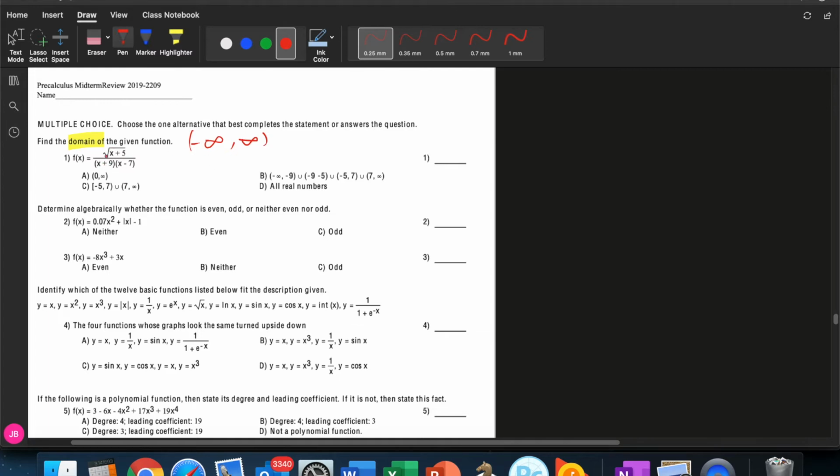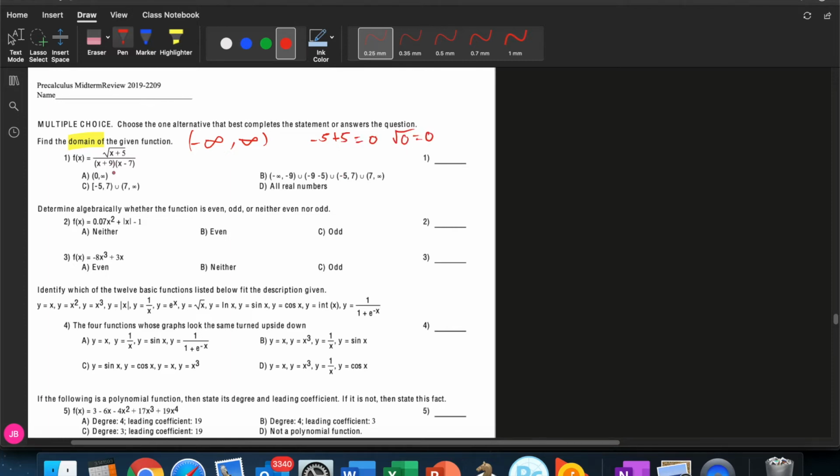For example, we have this square root right here. And as you all know, what we can never have inside of a square root, or under a square root, better said, is a negative number, because otherwise you get imaginary numbers. So the number one thing that you can't have is a negative number in here. If I try to put in negative 5 plus 5, that just gives me 0, and the square root of 0 is still 0.